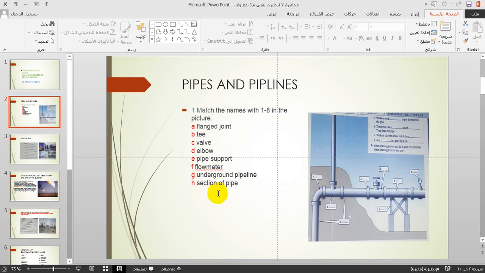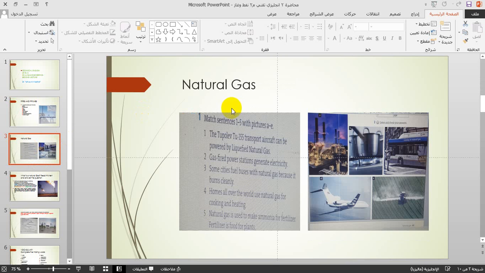I have done it for you. Then if we go to the next slide, which is number 3, natural gas. You have a picture on the right, and there are about 5 uses of natural gas. On the left there are 5 sentences about each use.